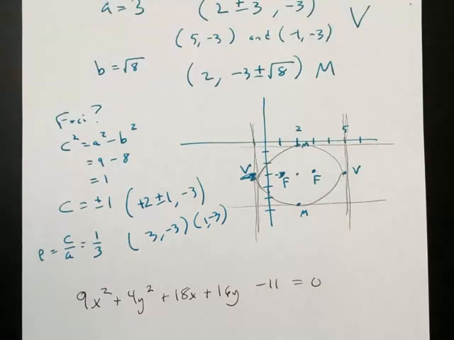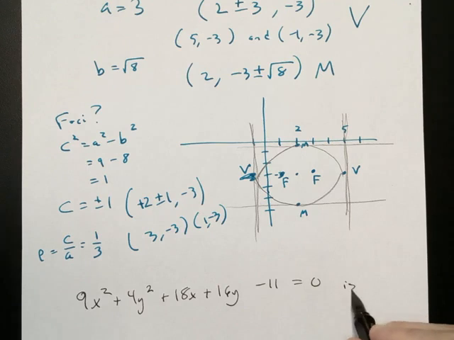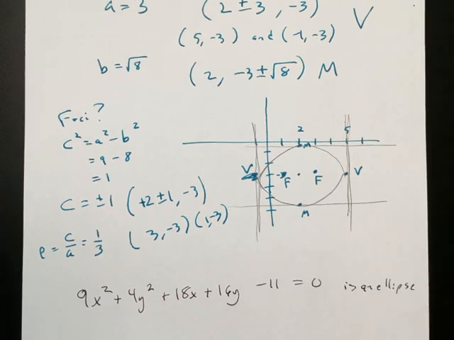Claim of the morning, that's an ellipse. Sure is. If that's an ellipse, the equation should look like the other equation, right? Boy. Means I need to do my rearranging.